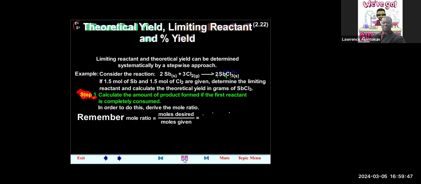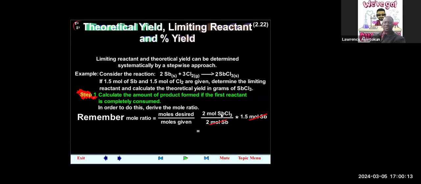Equals 2 moles SbCl3 divided by 2 moles Sb times 1.5 moles Sb equals 1.5 moles SbCl3.